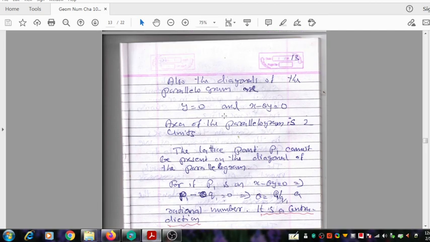Now, area of the parallelogram. Next point that we are going to see is the area of the parallelogram. What is the area of the parallelogram? You can see that area equal to 2 units.